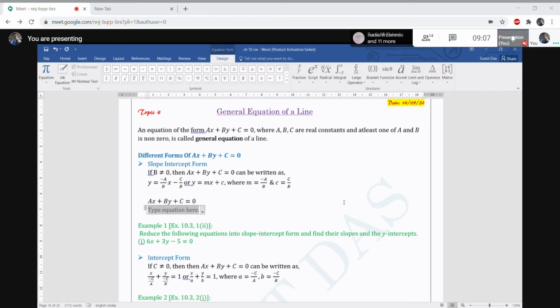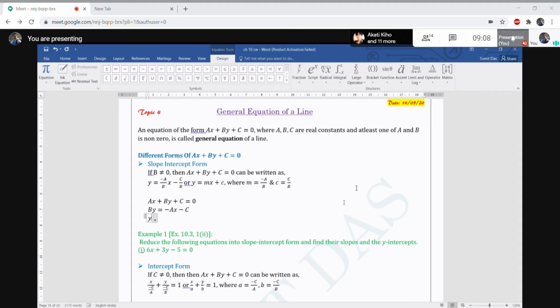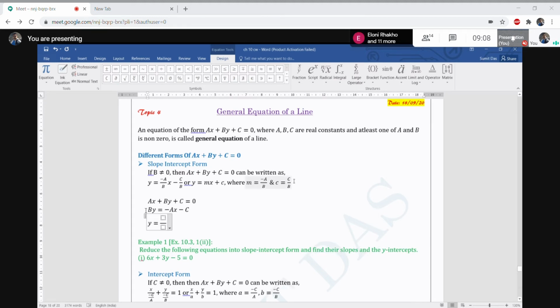We can write by = -ax - c. Next line, y = -(a/b)x - c/b. As simple as that.